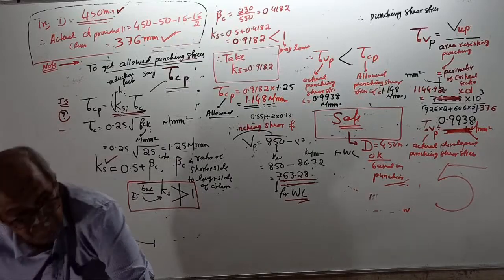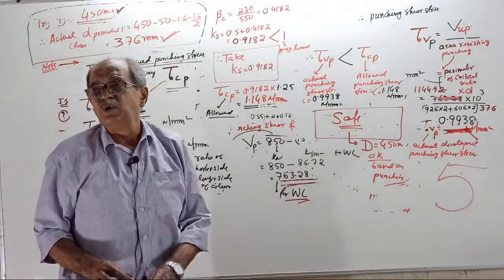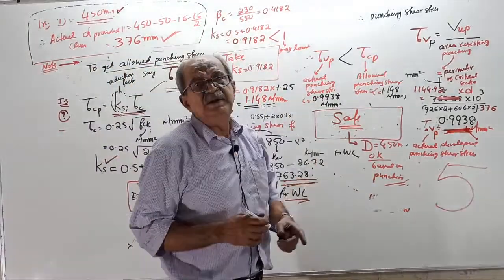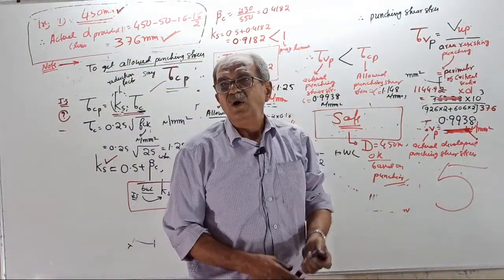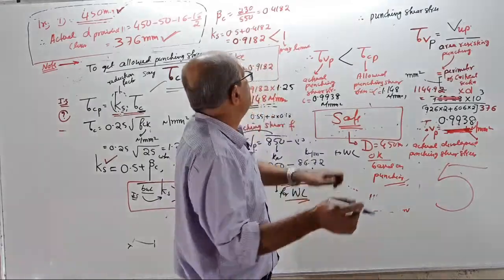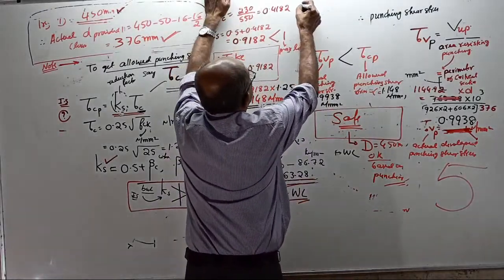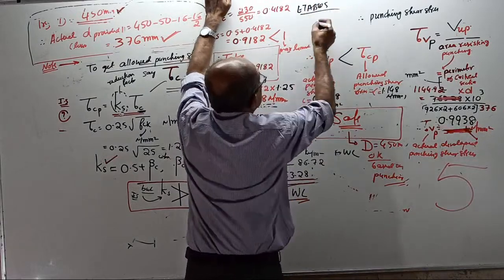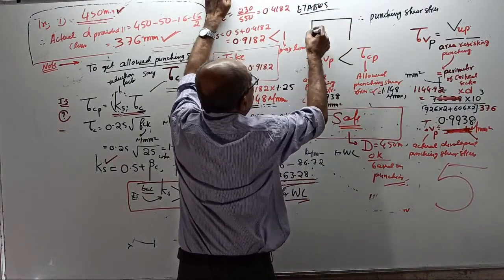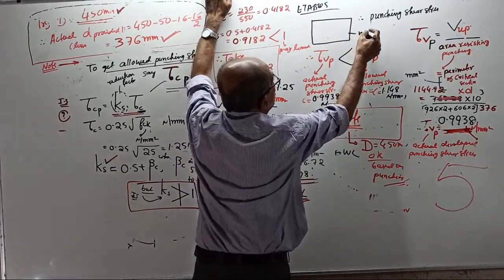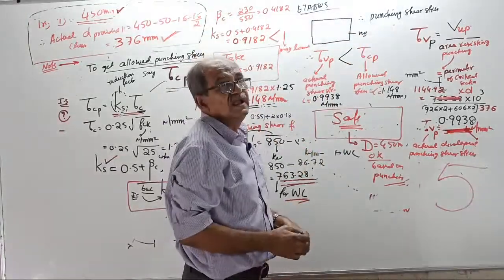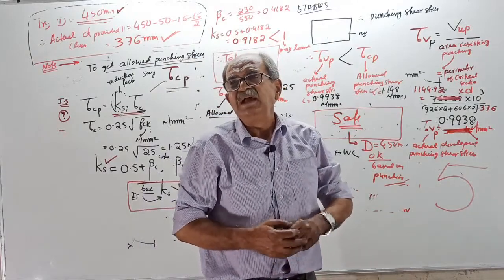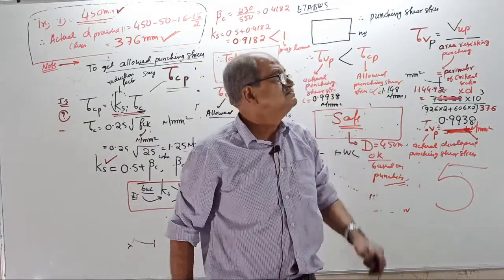Okay. Now, last note for punching. This class is meant for ETABS and SAFE. In ETABS and SAFE, they will just give you a number. When you design the column and footing, it will show you a number.